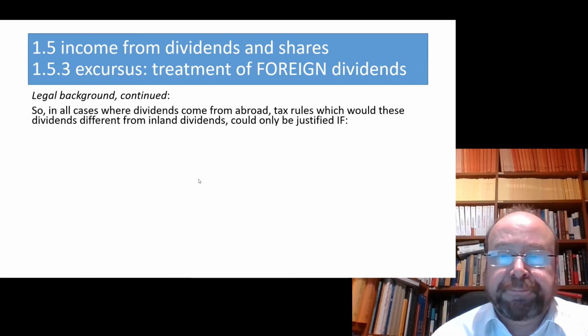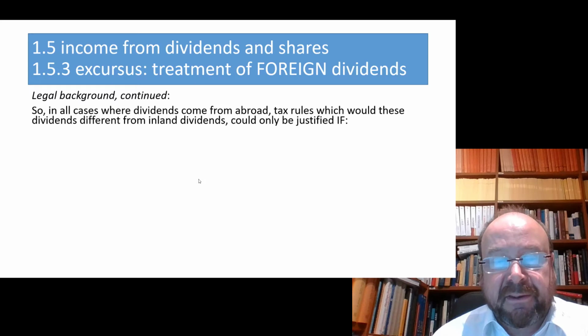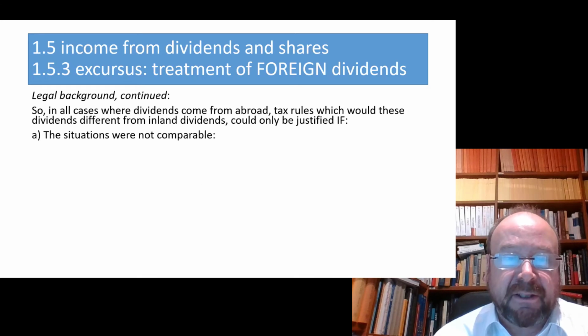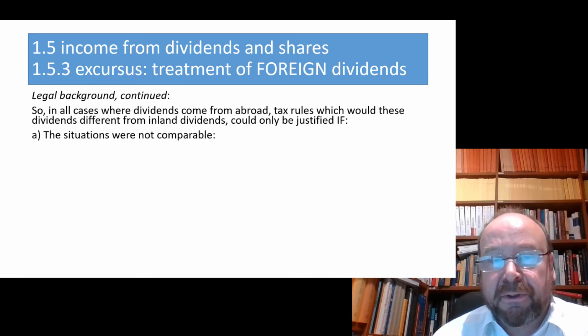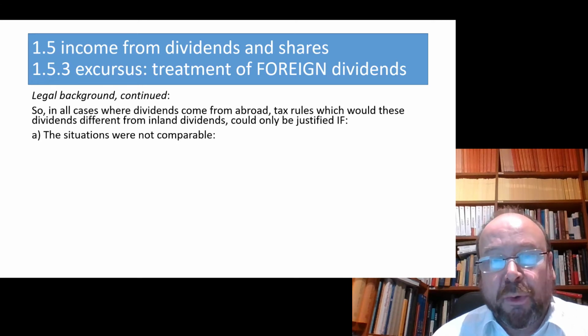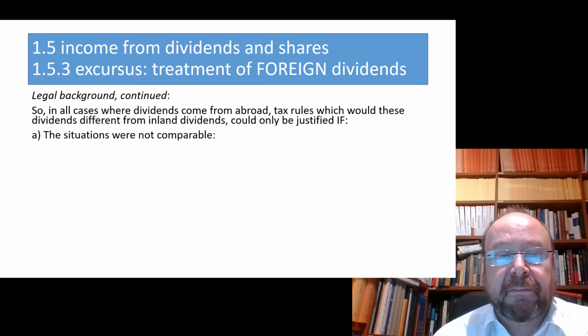Now, in all cases where dividends come from abroad, tax rules which would treat these dividends differently from inland dividends could only be justified if the situations were not comparable, because EU law says no restriction. That means no discrimination between inland and foreign investment.